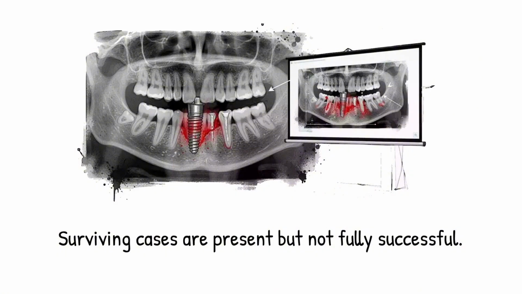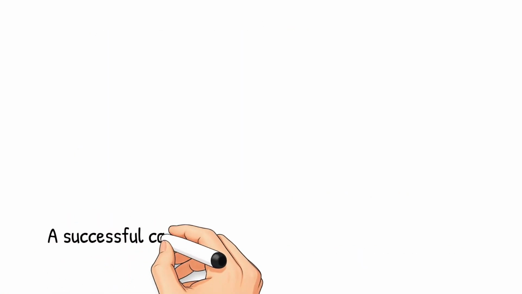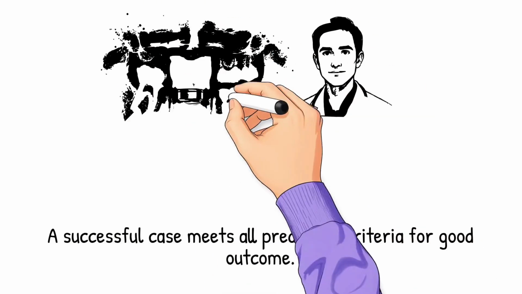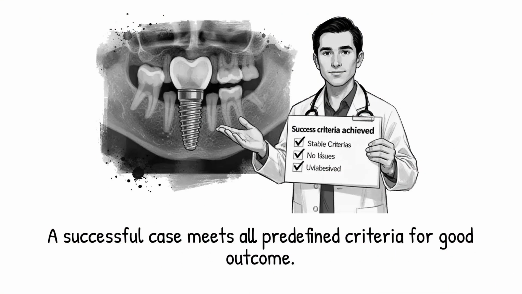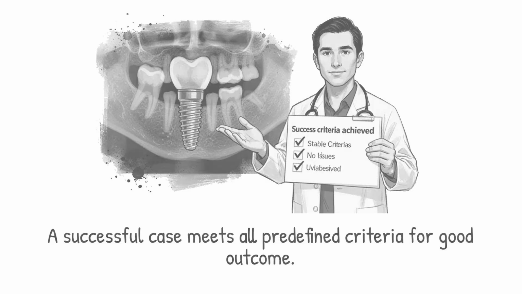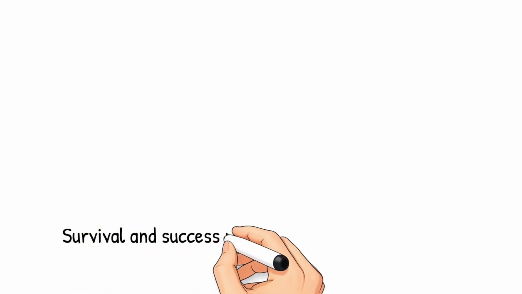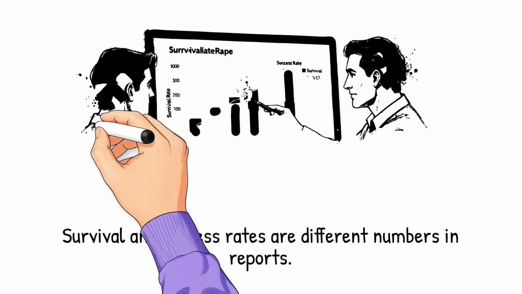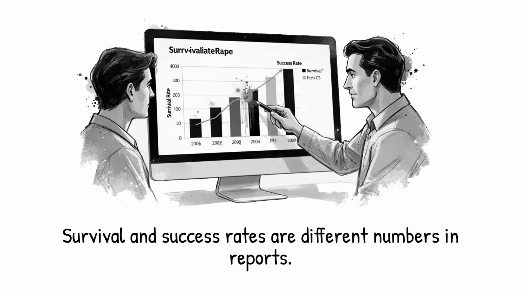It is there, but it is not fully successful. A successful case meets all the predefined criteria for a good outcome. It is stable, has no progressive deterioration, and remains within the limits the study defined as success throughout the follow-up period. So when a study reports 98% survival and 94% success, those are two different numbers. The gap between them tells you how many cases are still present but not fully successful.